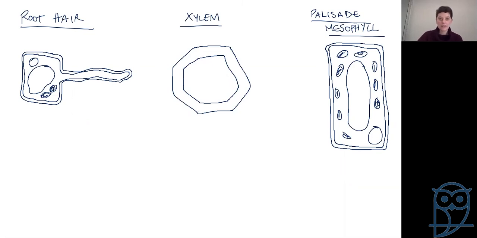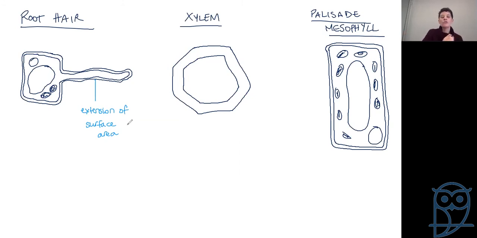Okay, so let's add a little bit of annotation so that we've got all the notes coming here. We have an extension of surface area. Okay, root hair cells are all about the uptake of water and mineral ions. If we want to increase uptake, the more surface we have in order to increase that uptake, the better.